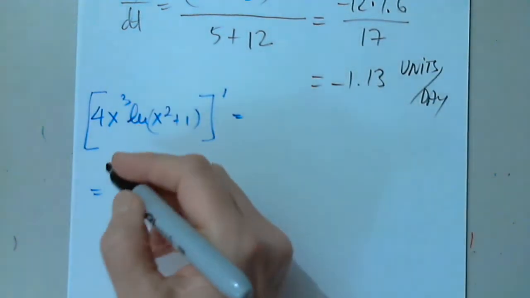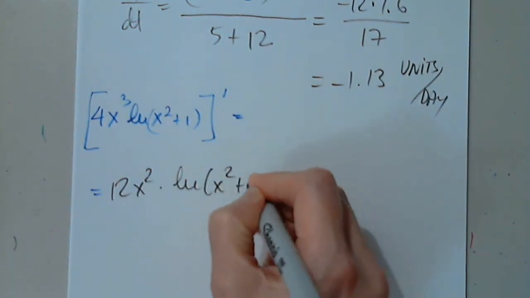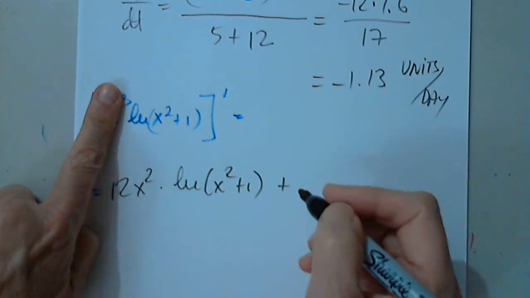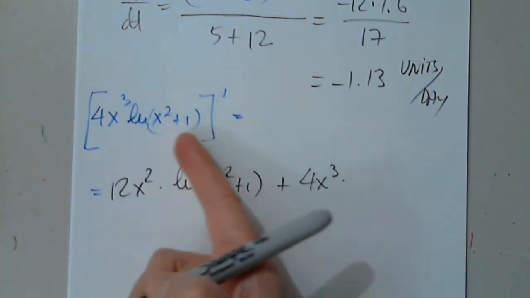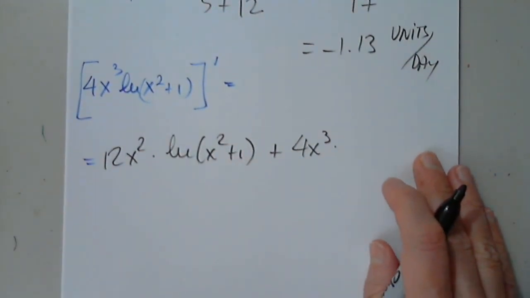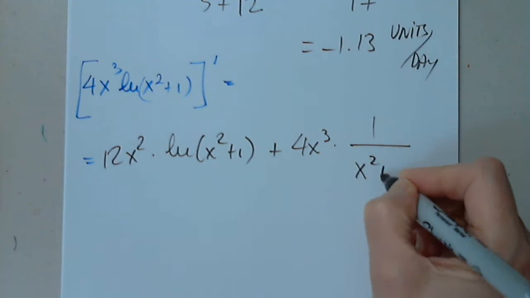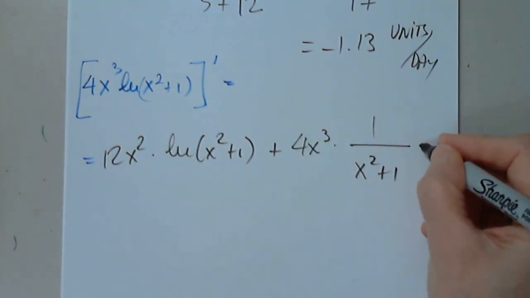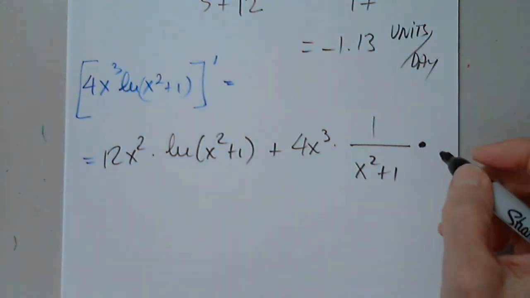12x squared. Yeah. So 12x squared times the second function plus, I have to copy this, times, can anyone differentiate this for us? Is it 1 over x squared plus 1? Please always remember, times the inner function prime.